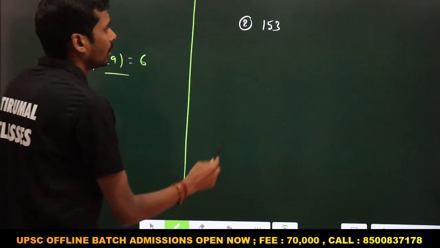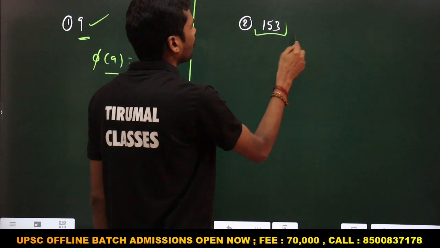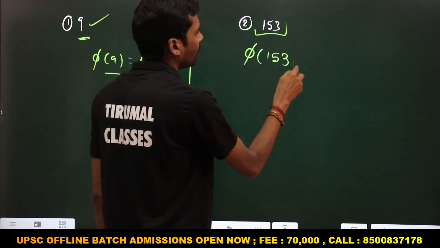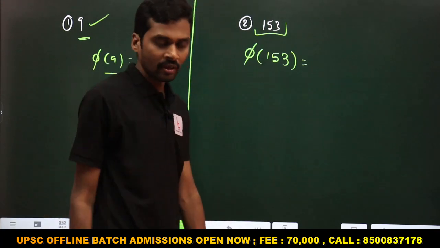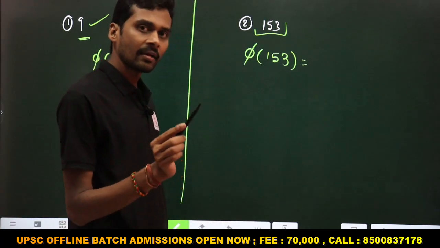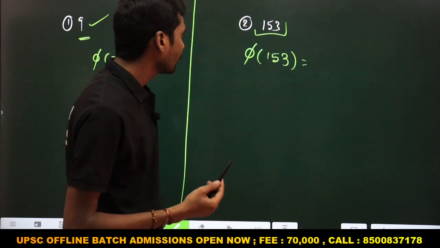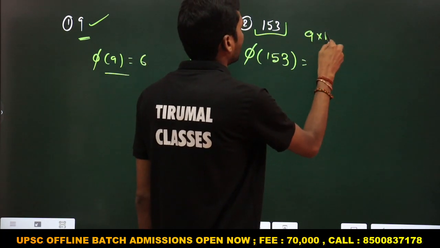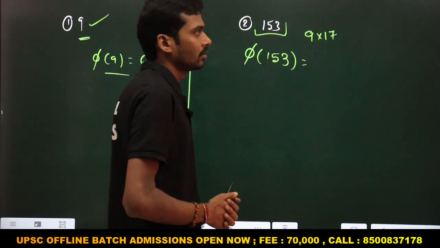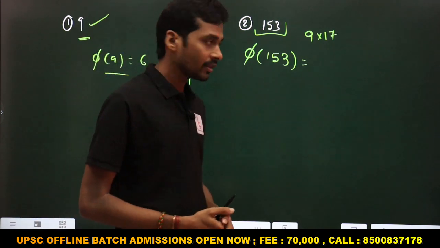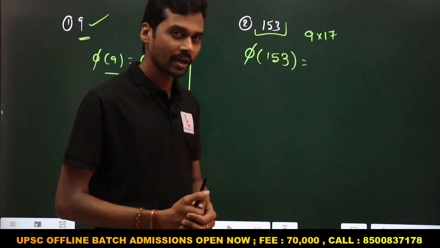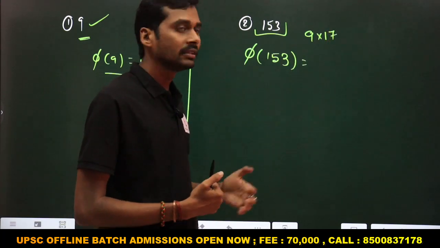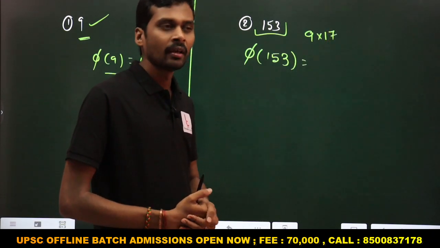Suppose I take the number 153 and ask you how many coprimes there are to the number 153. First, immediately write the number as a product of prime numbers. 17 9s are 153, because 5 plus 3 plus 1 is 9, so it is divisible by 9.